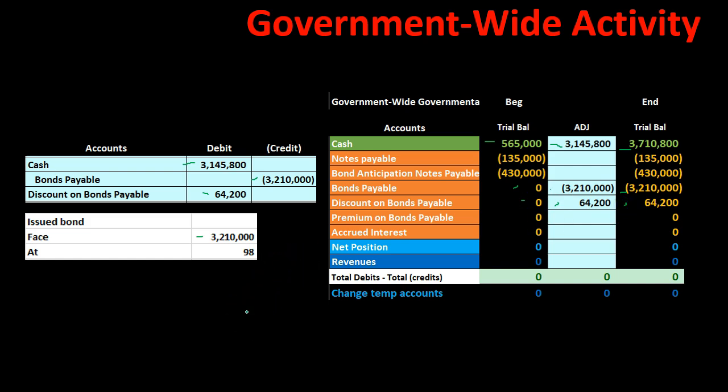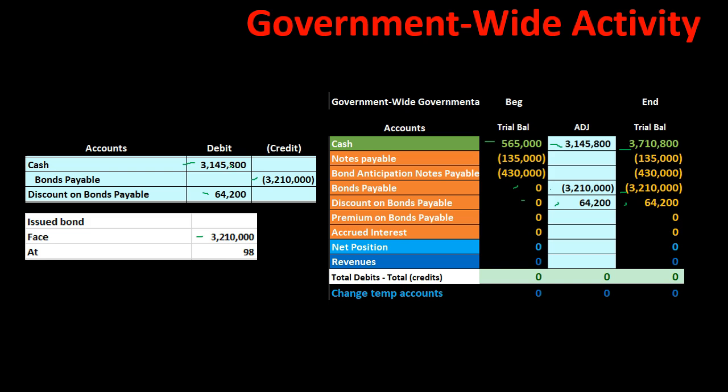Now we want to think, okay, what's going to happen on the fund accounting side of things? We're going to put this in the capital project fund because that's why we took out the bond, in order to make a bridge or a building or a library or something big and important. Then you want to take this journal entry apart and ask how it's going to look in the capital project fund. Well, we're still going to have the cash, but the bond payable's not there, because that's a long-term liability.